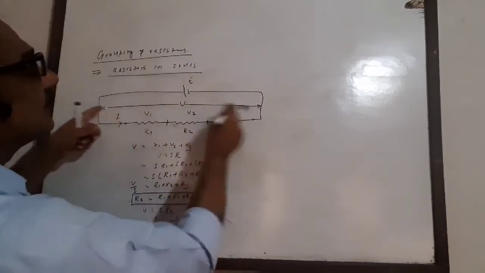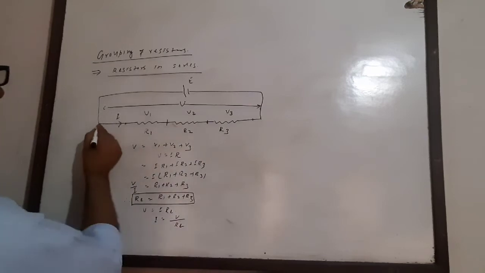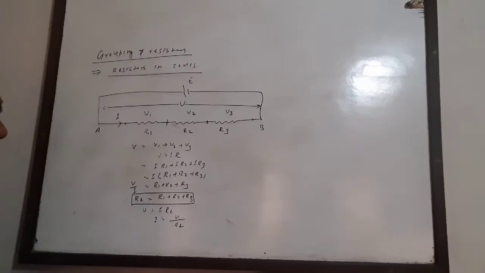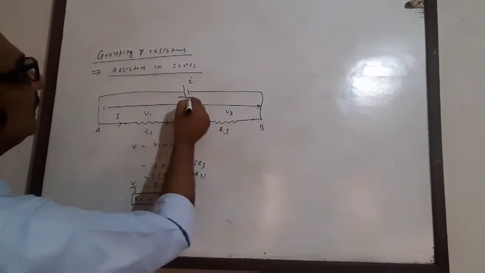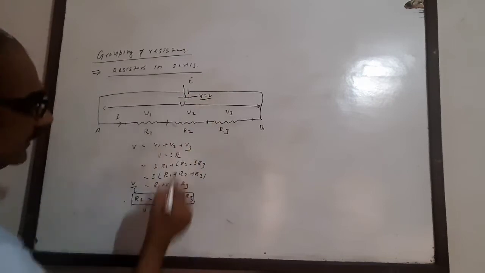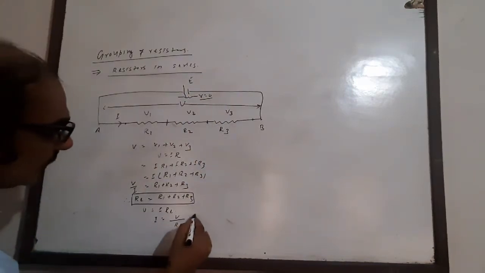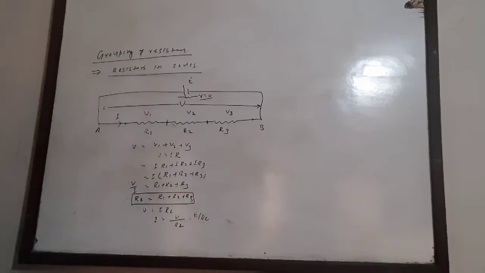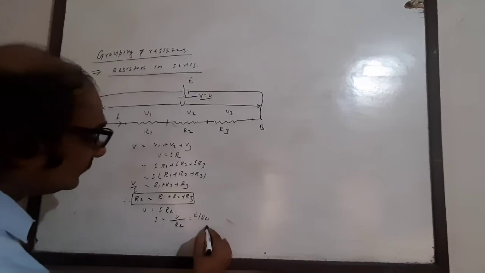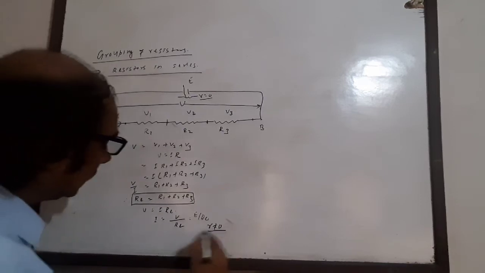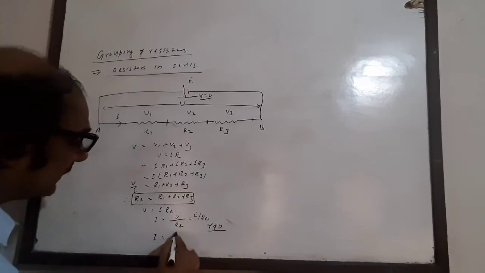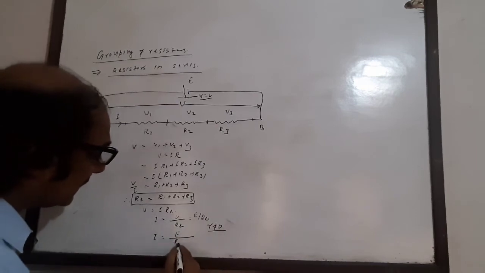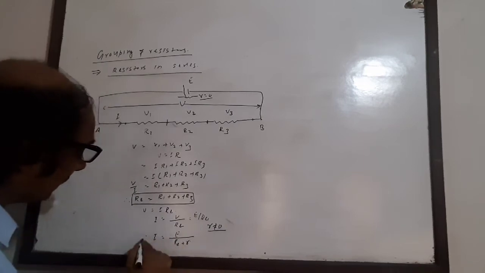This EMF creates the potential difference across points A and B, the voltage V. So if there is no internal resistance, or r equal to 0, then I equals E by R equivalent, where R equivalent is R1 plus R2 plus R3. But if r is not equal to 0, then the current is I equals E by the total resistance, meaning external resistance plus internal resistance of the cell.